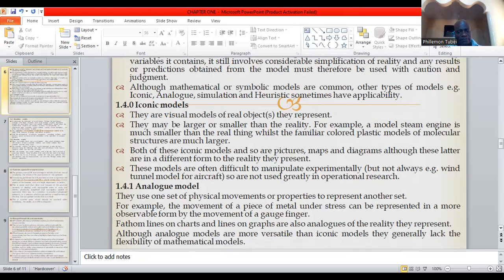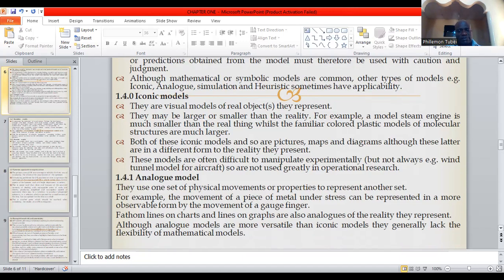Time lines on charts and lines on graphs are also analogs of the reality they represent. Although analog models are more versatile than iconic models, they generally lack the flexibility of a mathematical model.